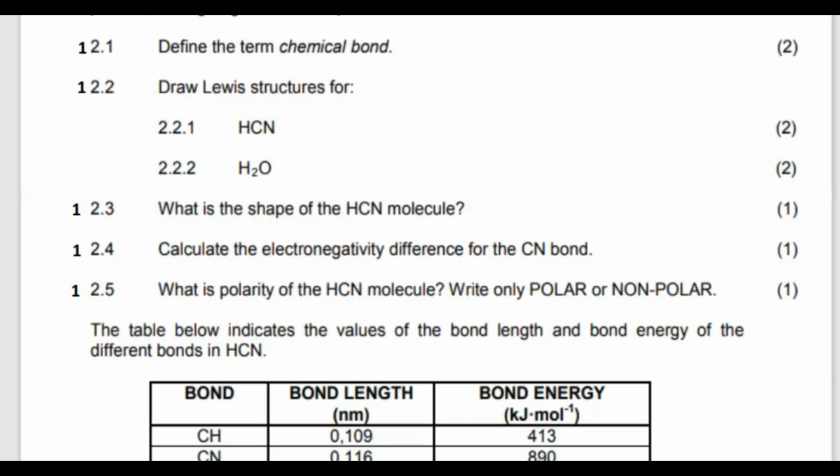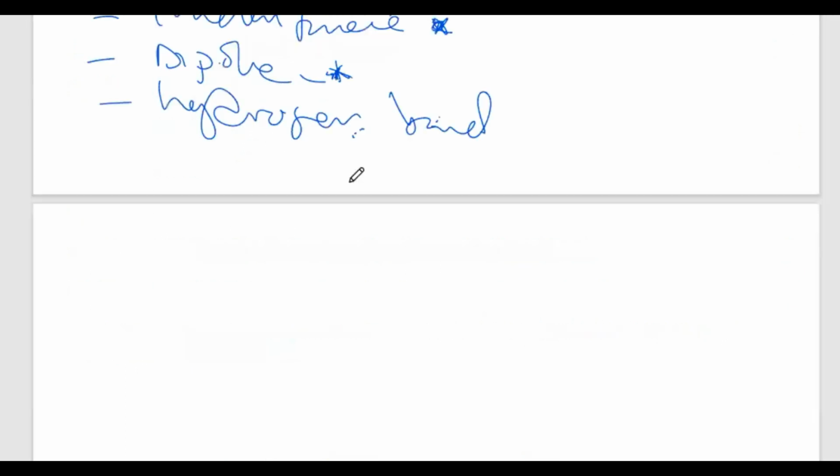So draw the Lewis diagram of hydrogen cyanide. CN is called the cyanide. So let's draw the Lewis diagram of hydrogen cyanide.